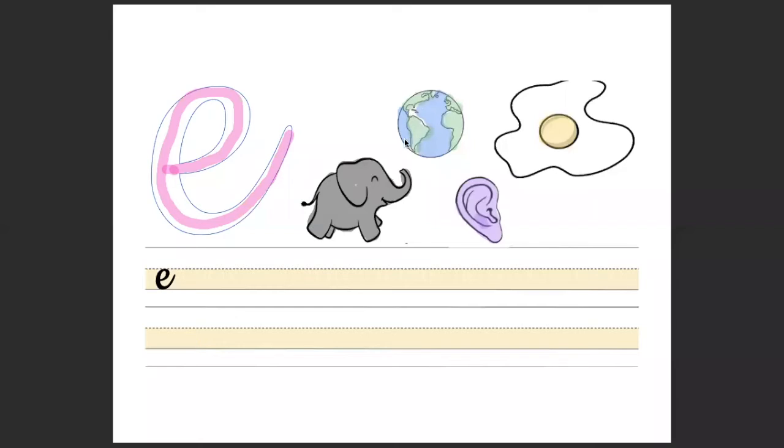The next thing we're going to do is we're going to use our pencils and we're going to draw the letter E. We have writing lines down here just like writing paper. Can you practice writing it with me? See if you can fill up the whole page.